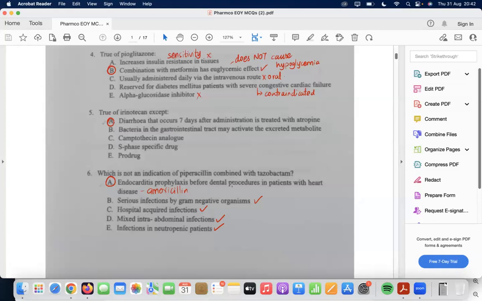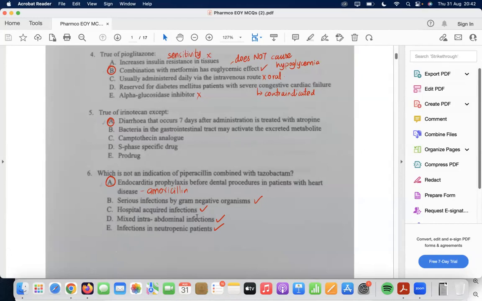So, endocarditis prophylaxis before dental procedures in patients with heart disease. So that was for amoxicillin. That's the reason why choice A was wrong. So we had to go back and search for what the notes for amoxicillin were saying. But the rest were true. Serious infection by gram-negative organisms, yes, definitely.